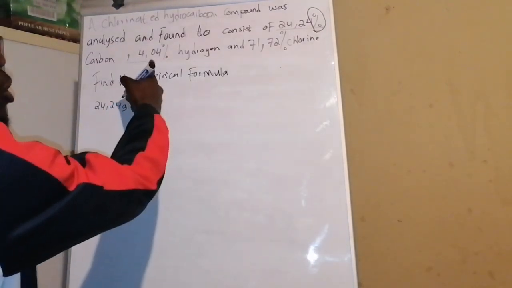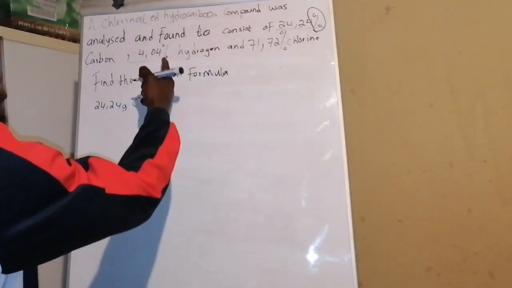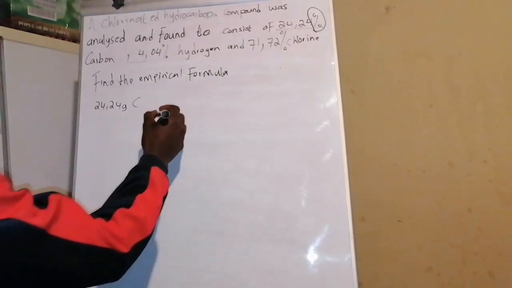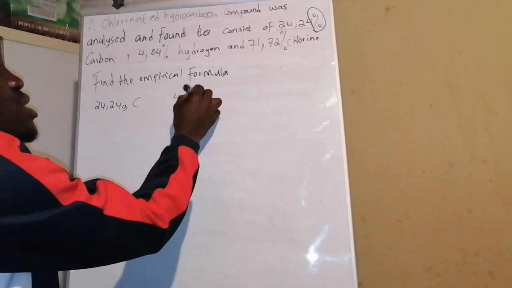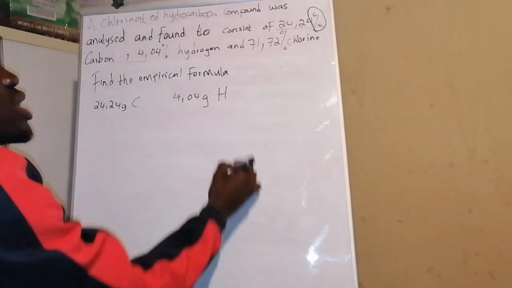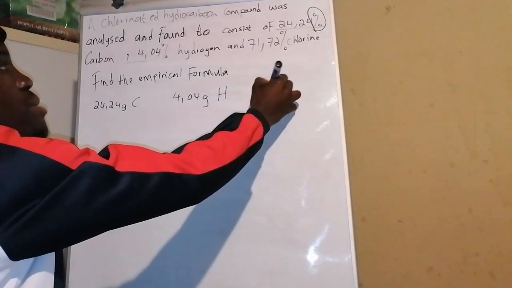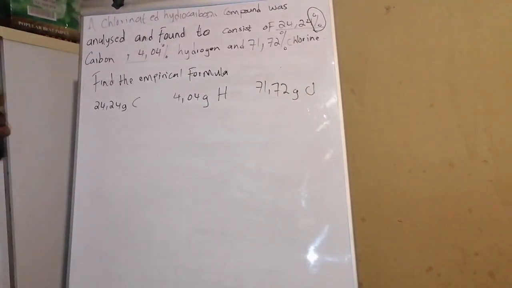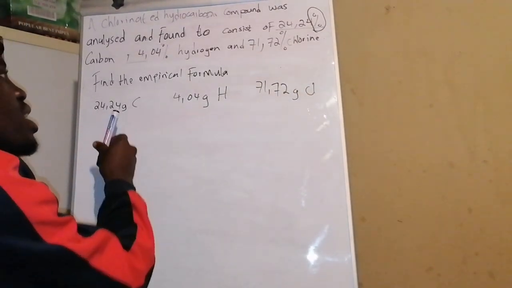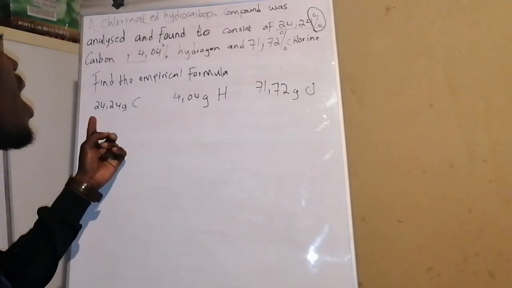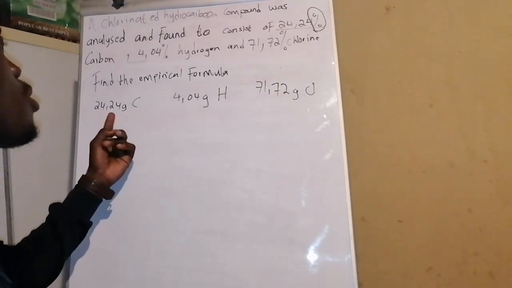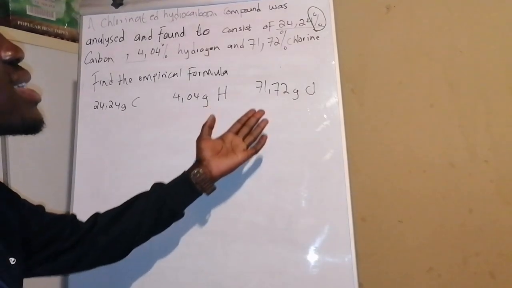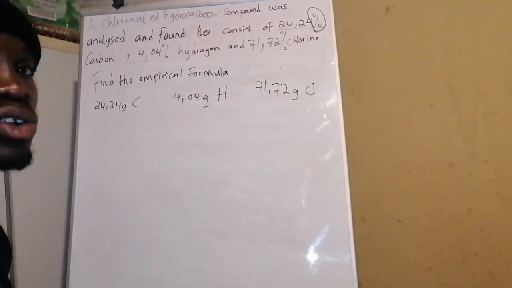Now you are given 4.04% hydrogen. You remove that percentage symbol by putting the gram: 4.04 gram hydrogen, and 71.72 gram chlorine. Now we are happy because we have our masses: 24.24 gram carbon, 4.04 gram hydrogen, and 71.72 gram chlorine.